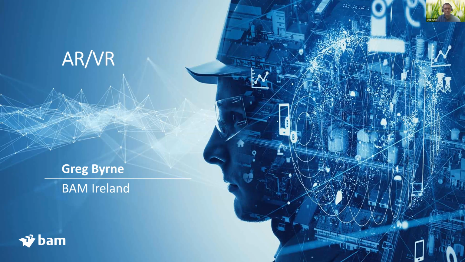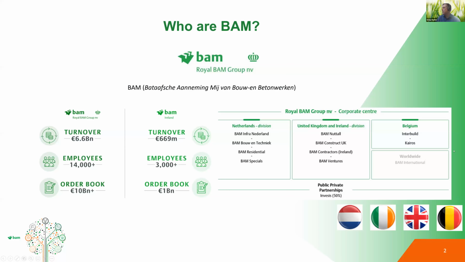So just to touch on BAM first of all. BAM Ireland are part of a wider group, Royal BAM, and we have offices in the UK and Ireland, Belgium and the Netherlands, and quite a diverse amount of projects and departments.